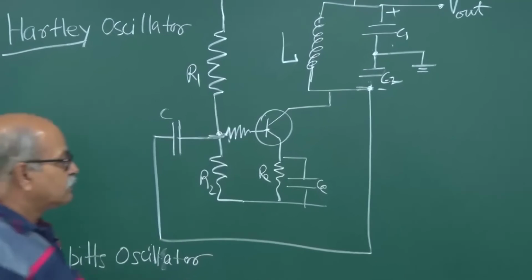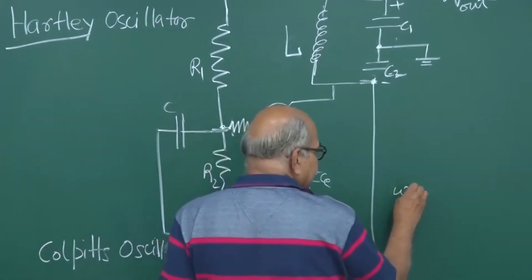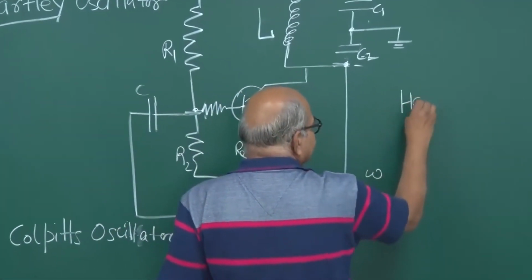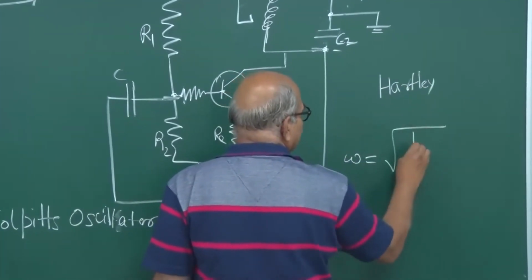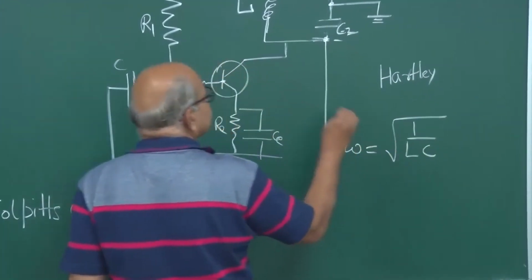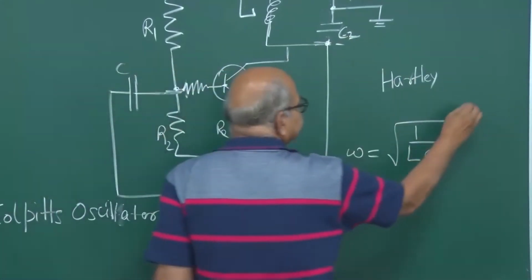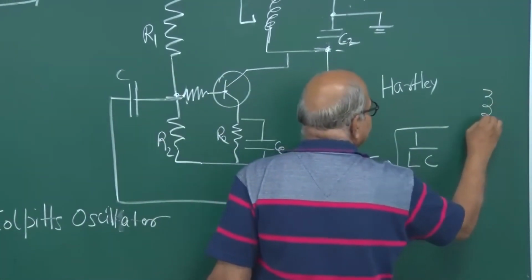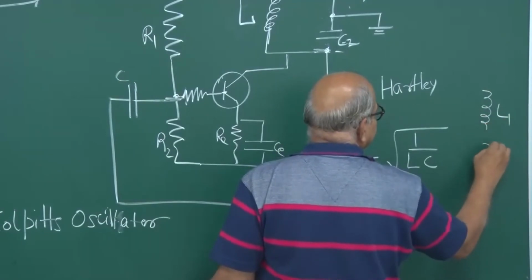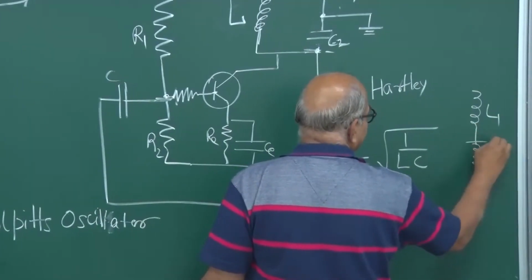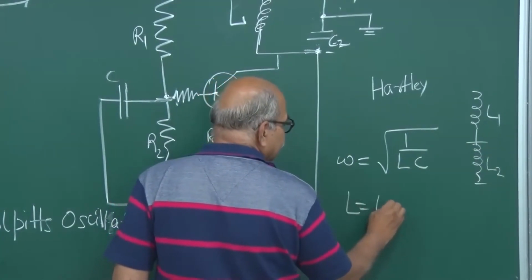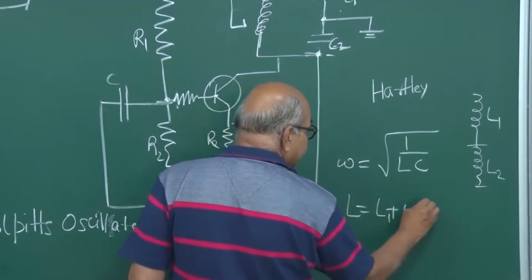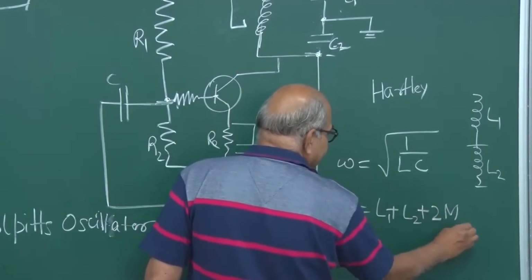The resonant frequency in the case of Hartley is square root of 1 over LC, and this L, you had two of them, L1 and L2. So L is equal to L1 plus L2 plus the mutual inductance.